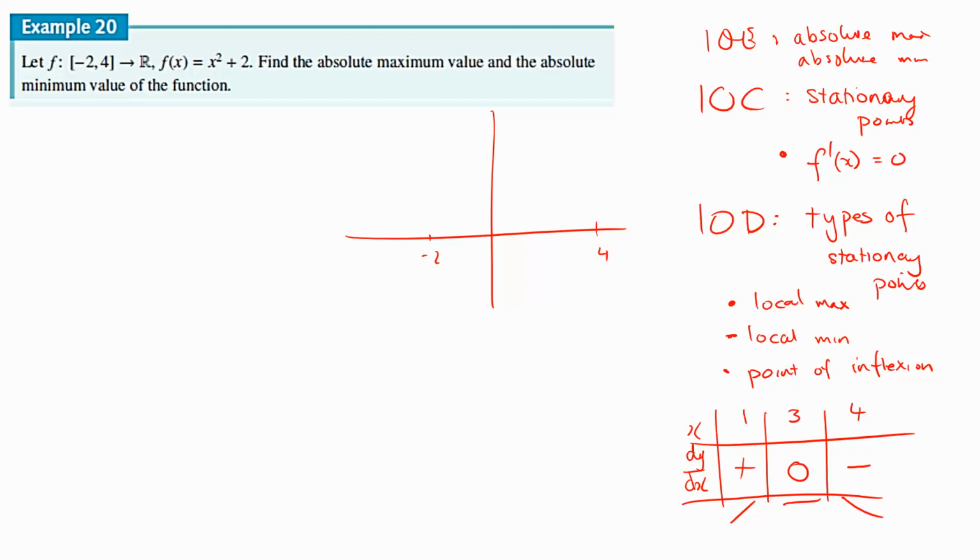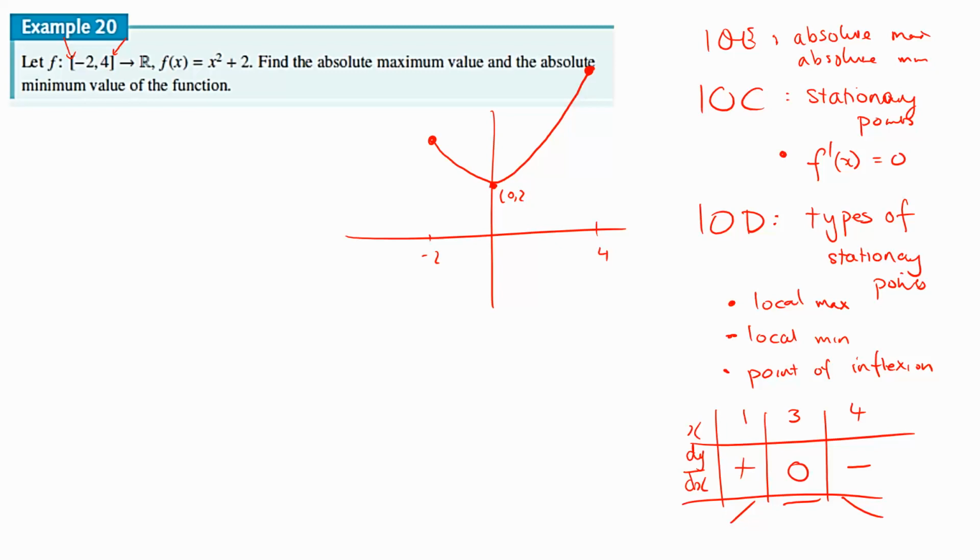Moves up. Fantastic. Moves up by 2, so my turning point is at (0, 2). It's a positive quadratic, so I know it must look something like that. And they're both inclusive. Notice the brackets are inclusive, so I'm using those closed circles. So that's roughly my graph.